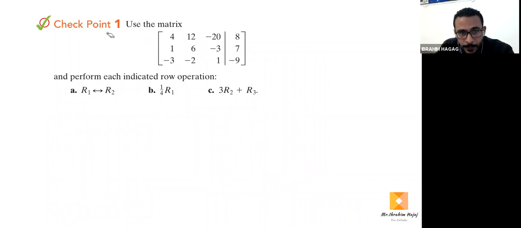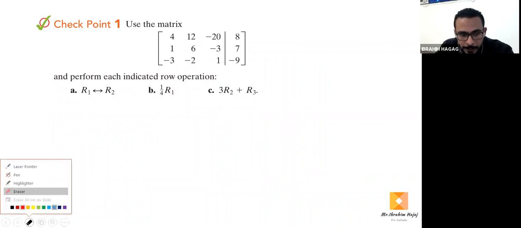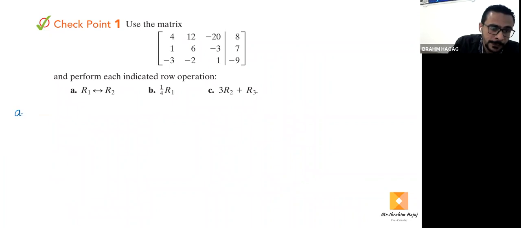In checkpoint 1, use the matrix shown below and perform each indicated row operation. Letter A, Yusuf.